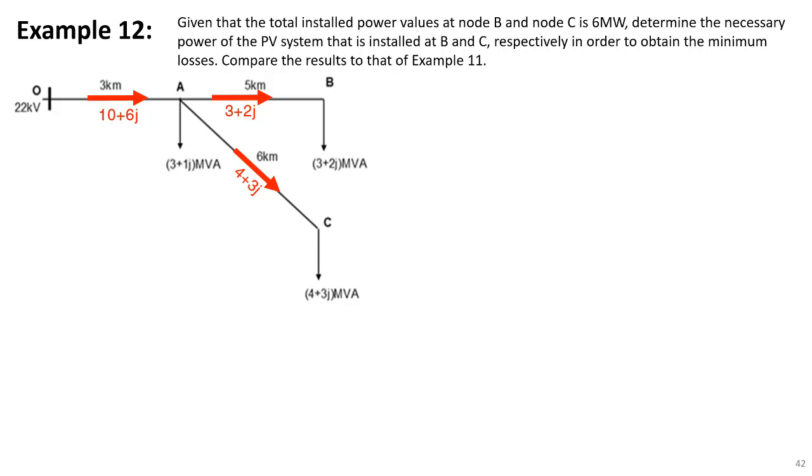To answer this question, we need to investigate the parameters at node A, B, and C again. We need the necessary power of the PV subsystems installed at B and C respectively in order to obtain the minimum losses. Then we compare the results to that of example 11.